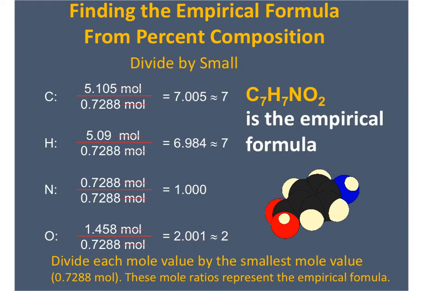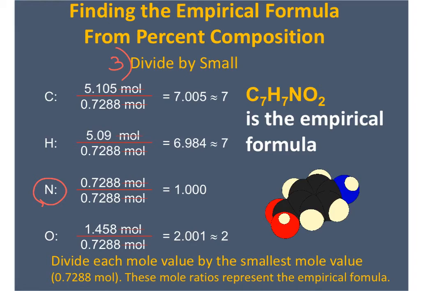All right, so that was step 2. What did step 3 say? Divide by small. This is a step that students tend to leave out and it messes them up, so make sure you always do this. After you find moles of everything, you're going to identify which element had the smallest number of moles. If you look back a slide, that was nitrogen in this case.